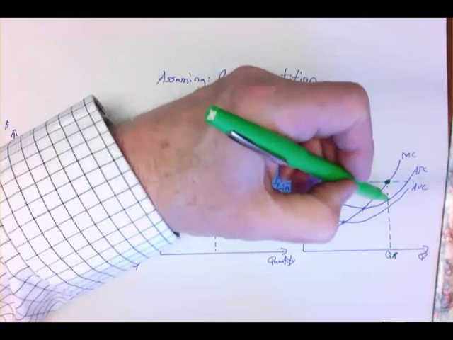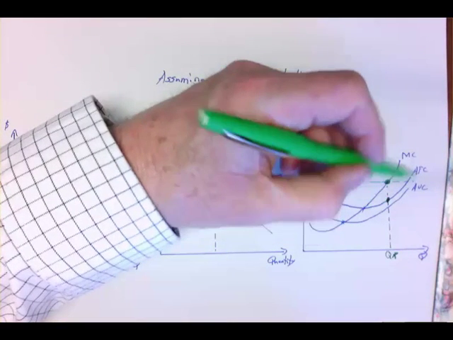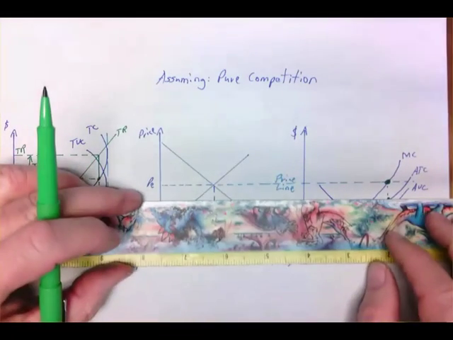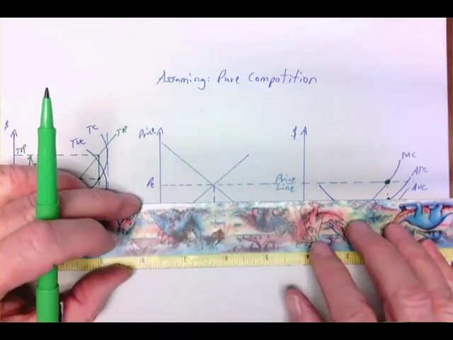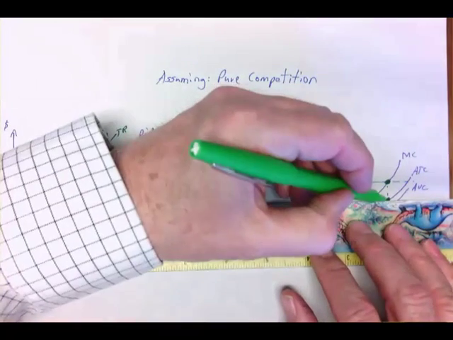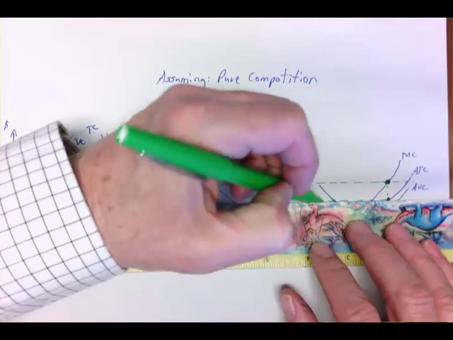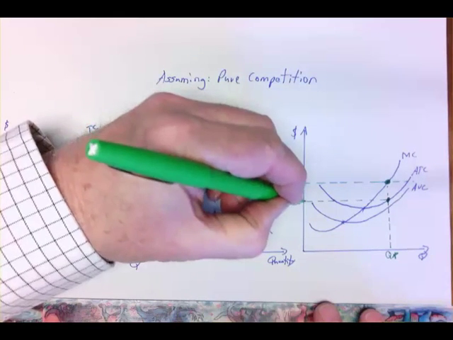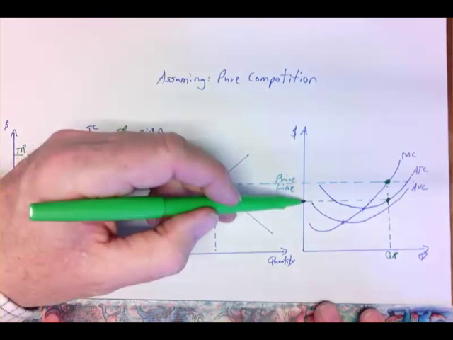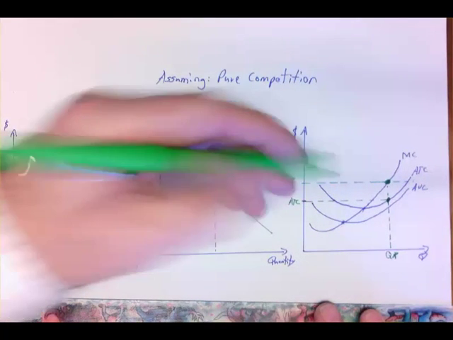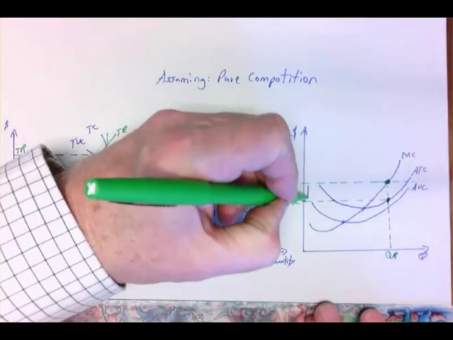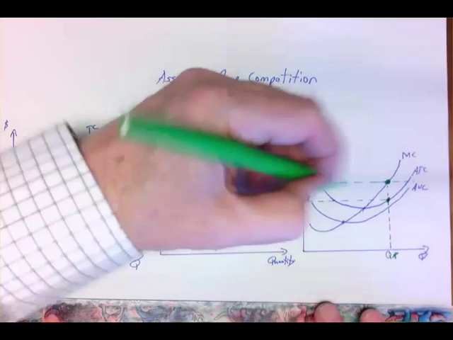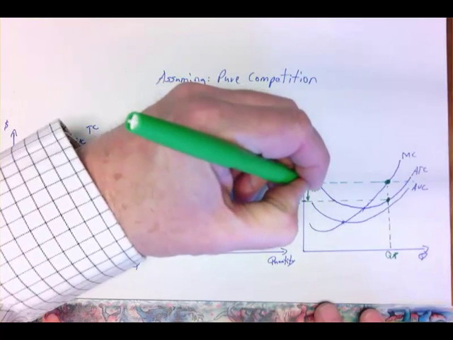In this spot right here where Q star hits the average total cost curve, we can bring across, and if this was done on graph paper you could read off the average total cost. So this is what it costs to make each unit on average. This is what we're selling each unit for, and so the difference between them, this difference right here, would be not the total profit but the average profit per unit.